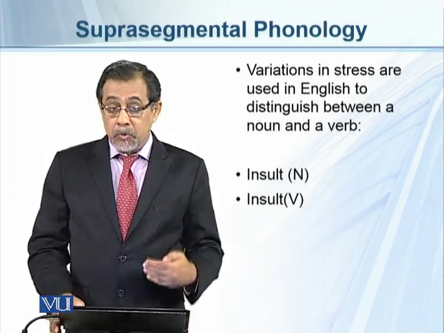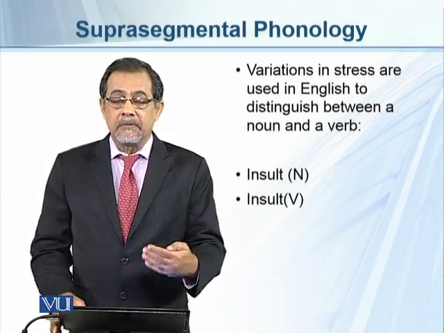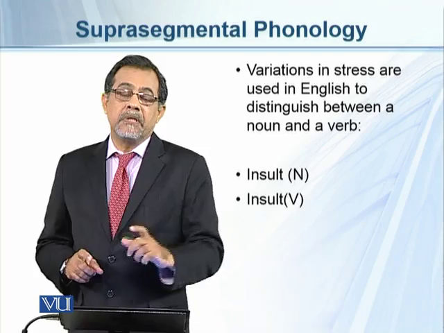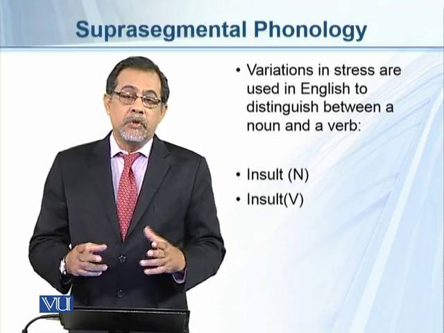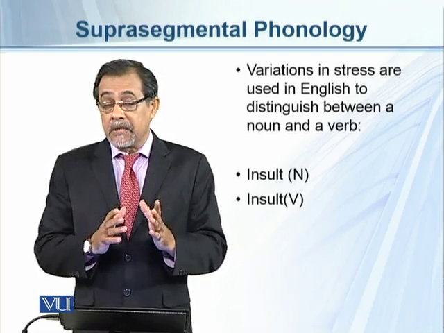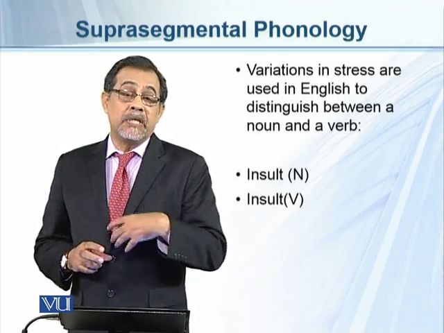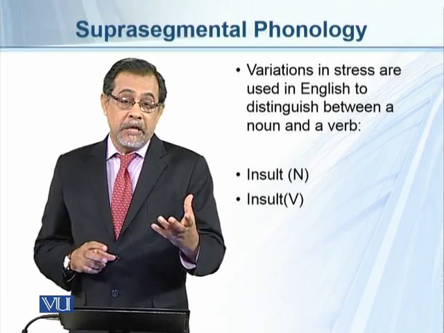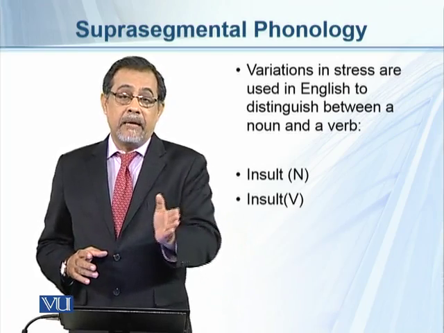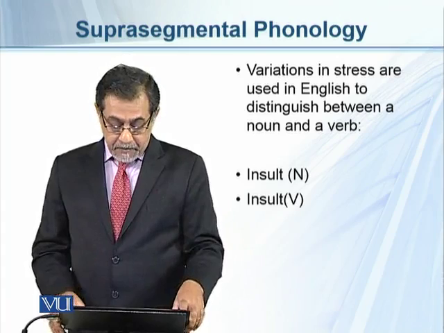And when we use it as a verb, we say insult. Here we have given stress to the second syllable. So on the basis of stress, with the same segments, we have used a grammatical feature of the English language, making one a noun and the other a verb.